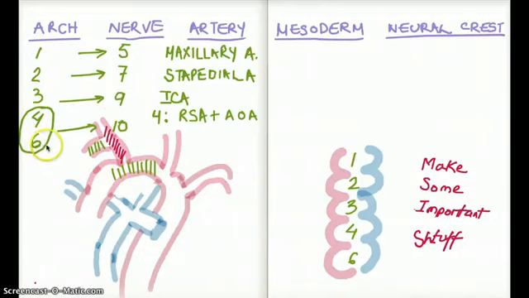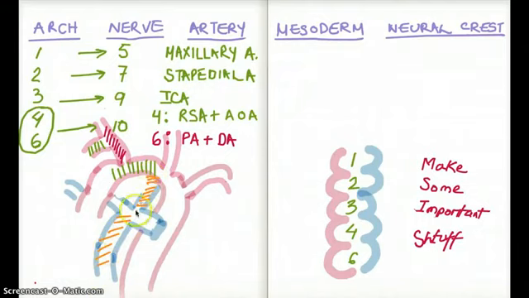Moving on to brachial arch 6. 6 is going to give rise to pulmonary arteries and ductus arteriosus. So you see that this is the pulmonary artery and this is the ductus arteriosus.